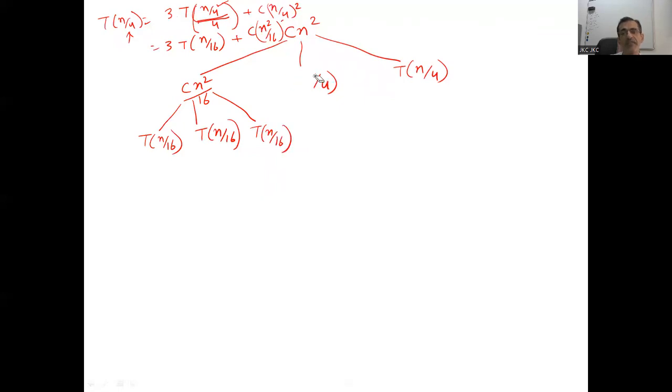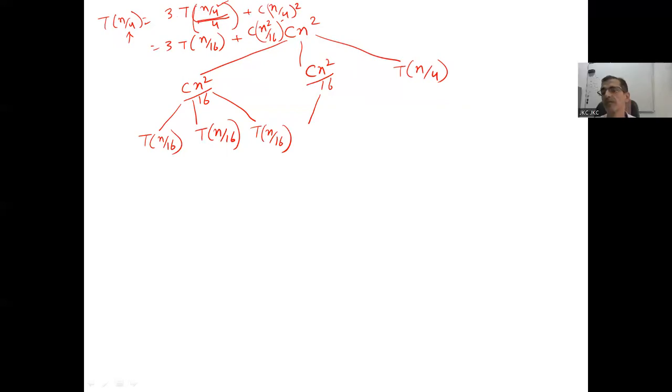Similarly here, this will be substituted in the same manner, and this becomes Cn square by 16. So we were saying that, yes, this is there, Cn square by 16.